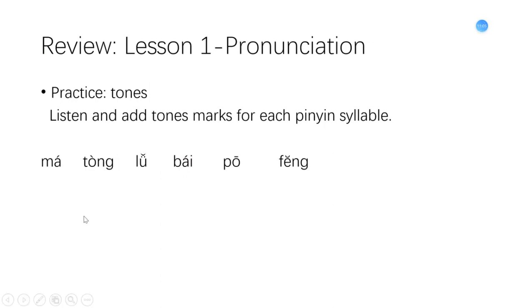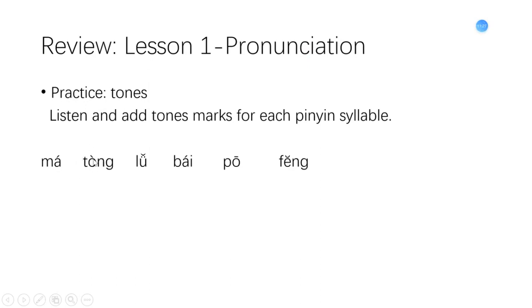So the first one is second tone, right? Ma, ma. For second tone, it's like an upcoming tone. So from a lower point to a higher point, right? So it's like ma, ma. The second one, the fourth tone.